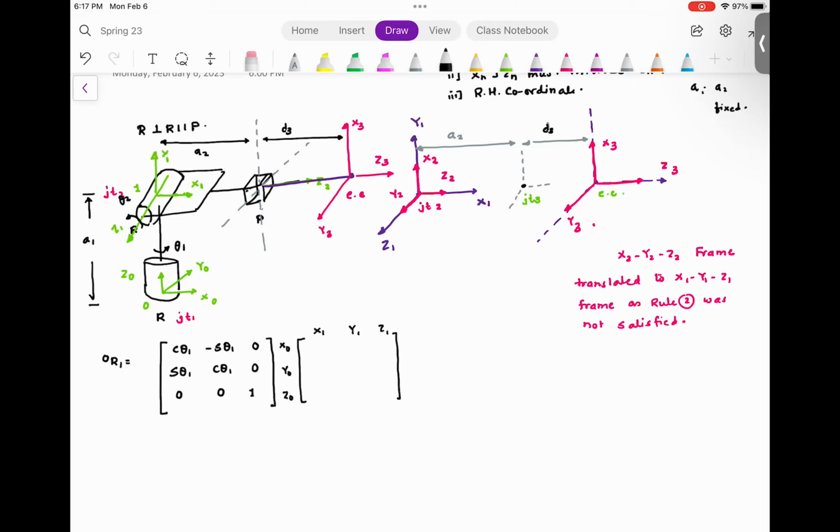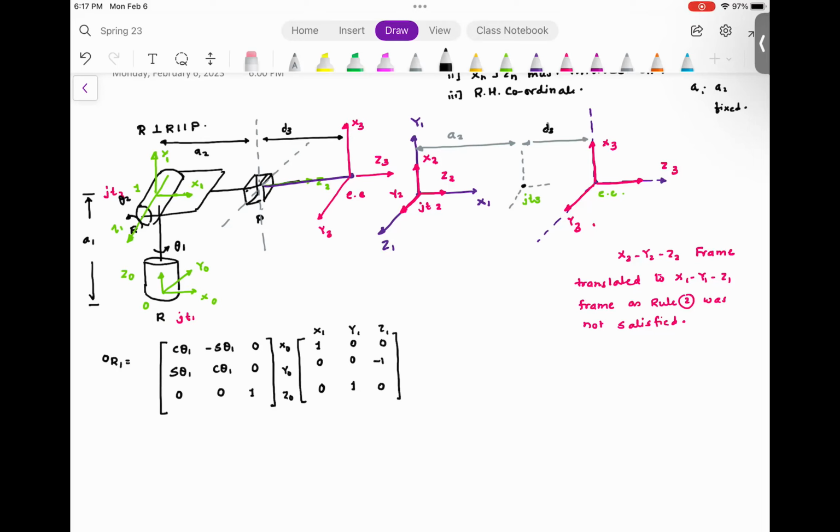As you can see, x1 is aligned with x0, y1 is aligned with z0, and z1 is aligned with minus y0. You okay with this?